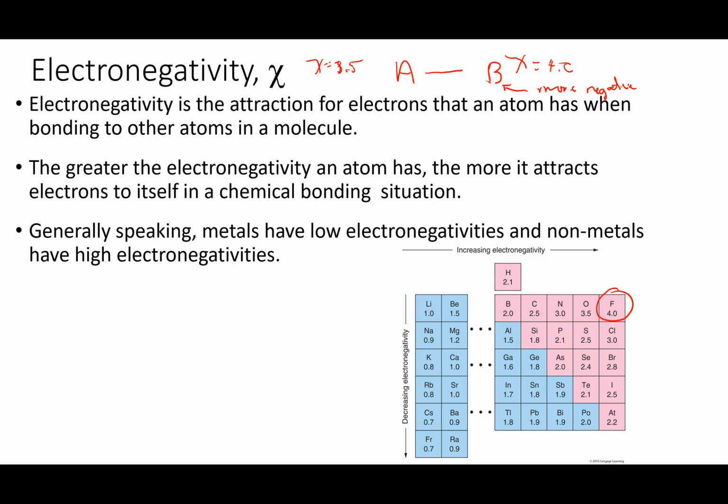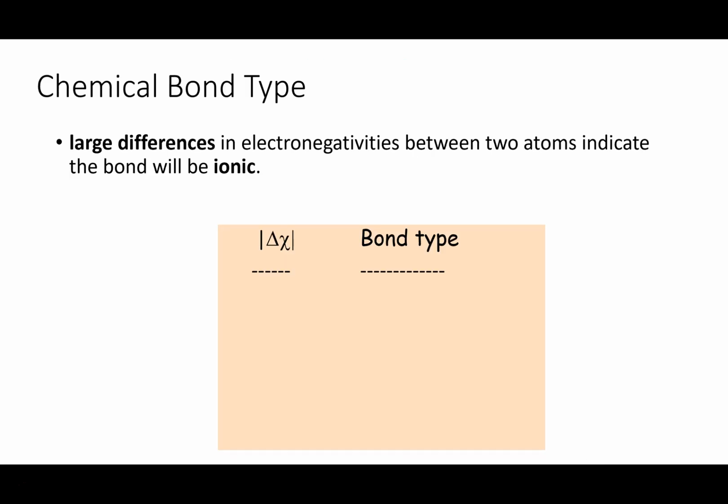The pink are our non-metals, and the blue would be some metals. The metals have low electronegativity values. In the tug of war, the metals with low electronegativity values are like, dude, you can have the electron. I want to form a cation anyway.